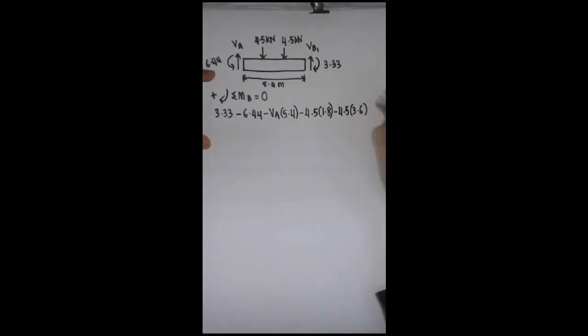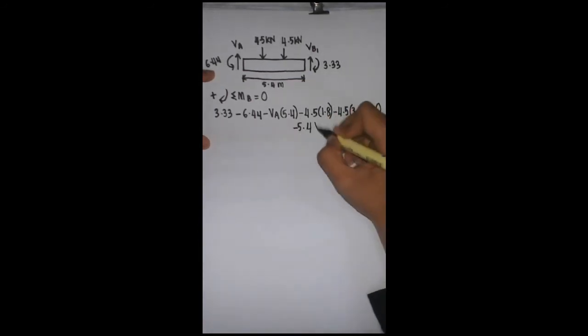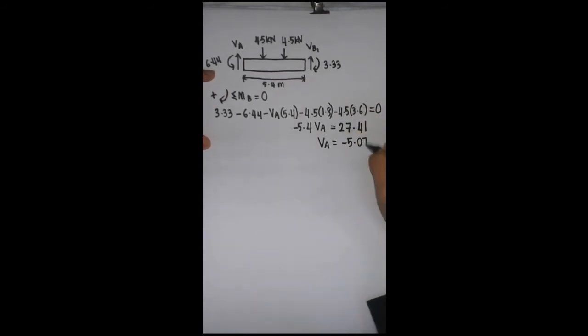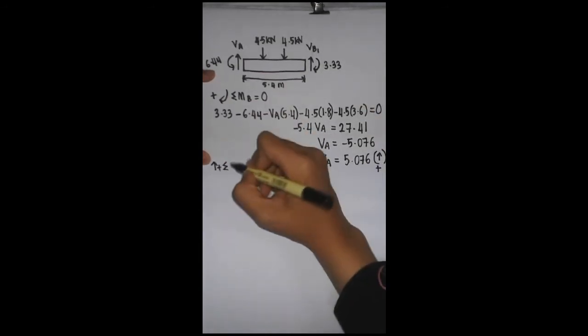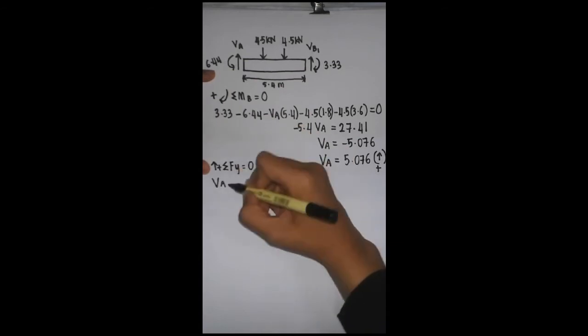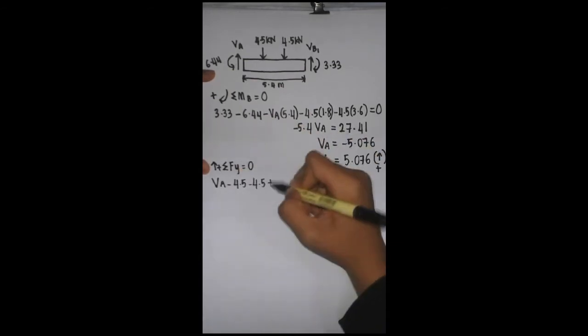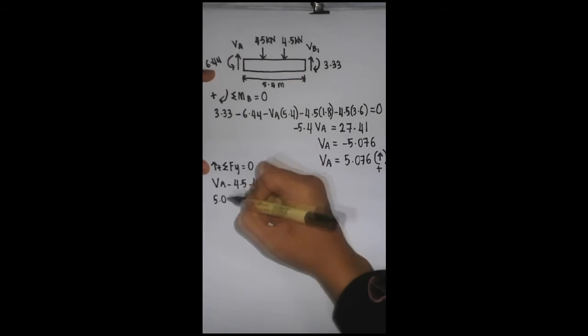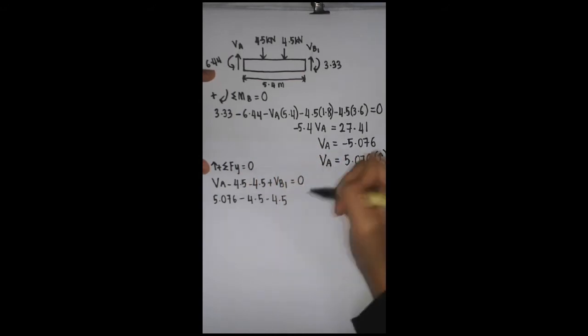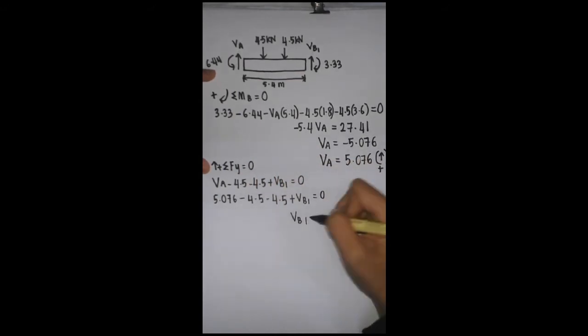The value of VA equals 5.076. We consider upward is positive. And the value for shear force at VB1 equals 3.924.